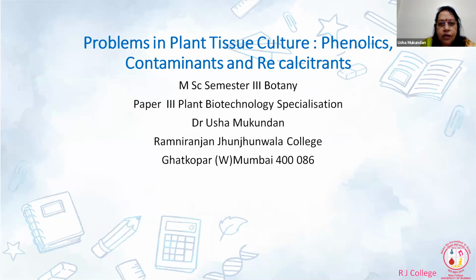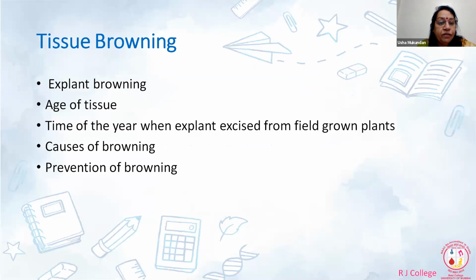So I gave you the learning objectives, and now I'm talking about the selection of explant material. And this explant material depends upon the type of material that you're trying to culture, but it also depends upon the age of the plant.